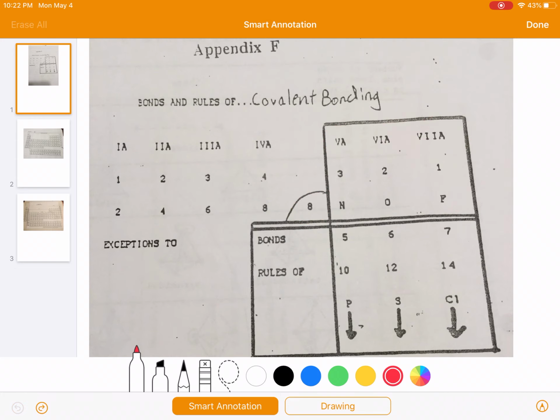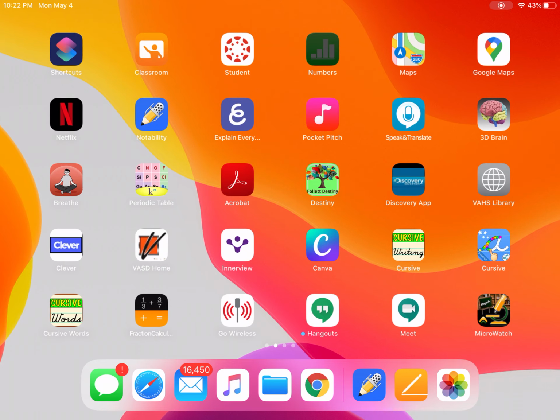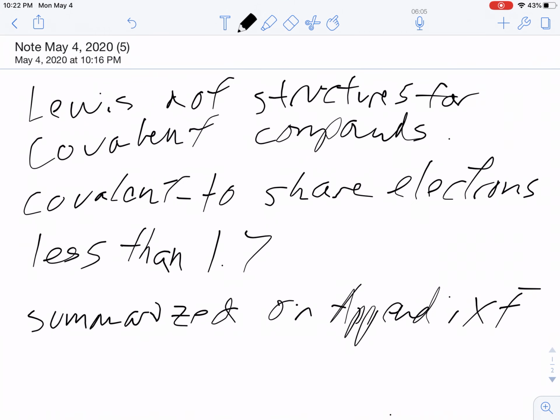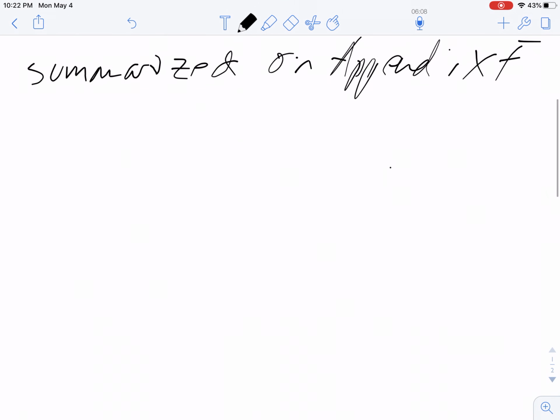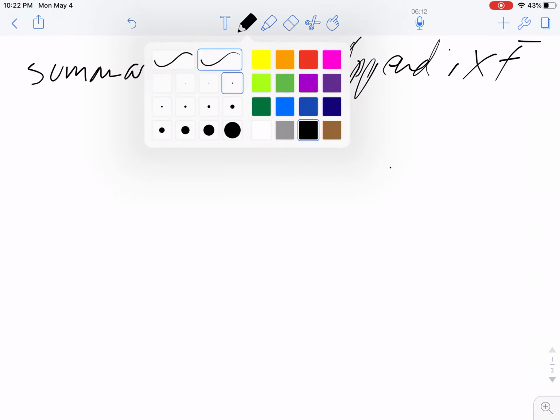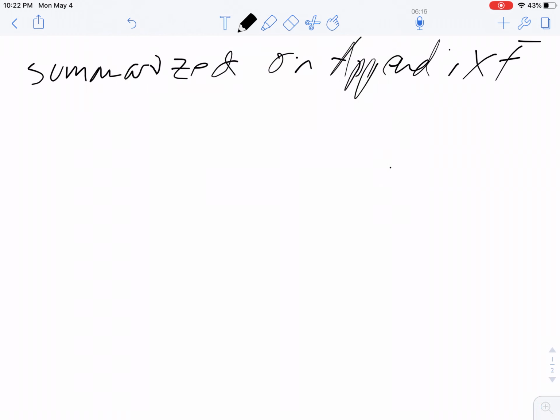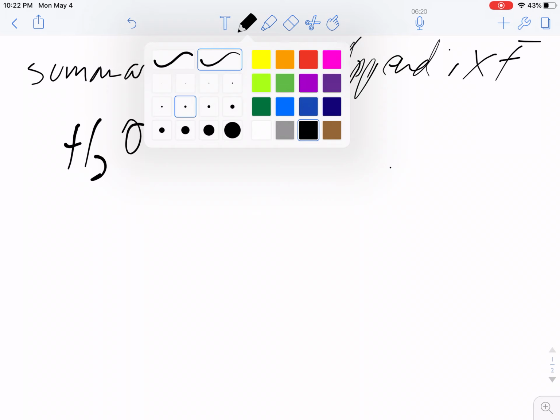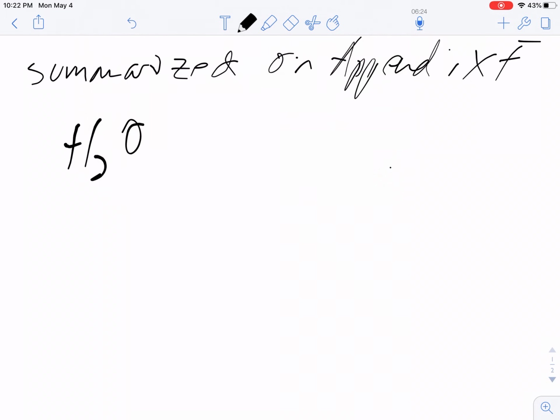All right, so let's go back to Notability, and let's start off with one of the most common molecules in the world, H2O. Oxygen goes in the center because there's fewer oxygens.